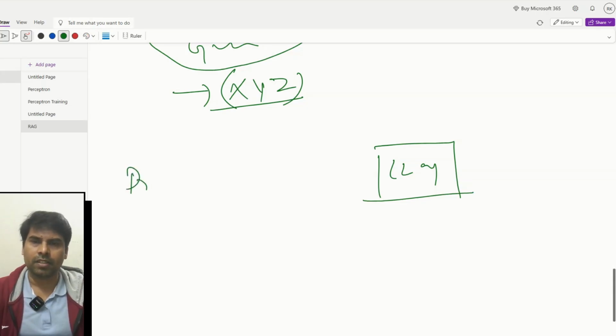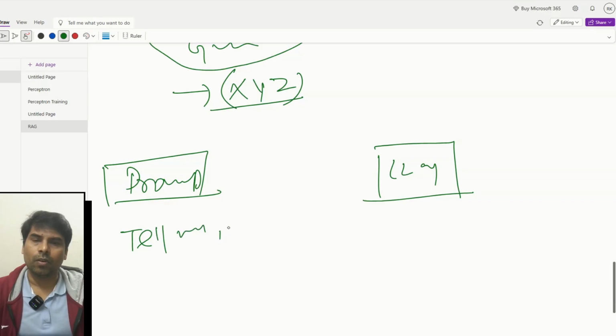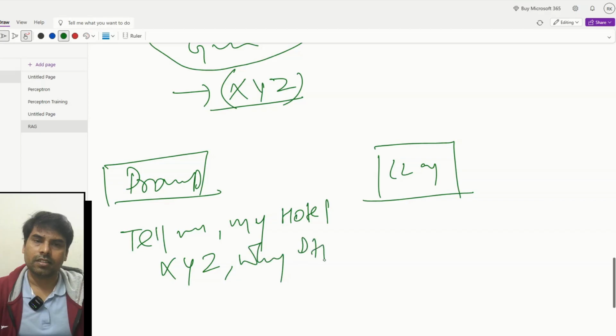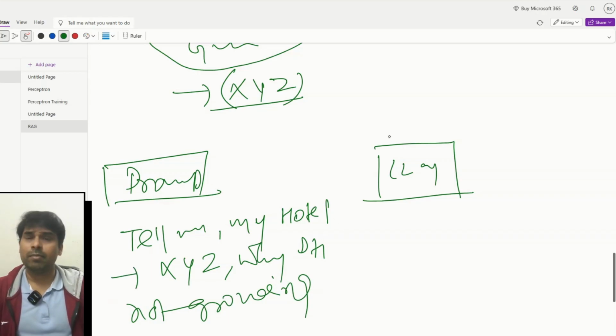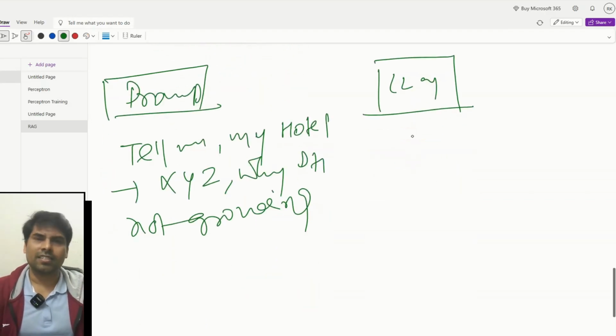So I'm writing a prompt: tell me, my hotel XYZ, why is it not growing? I'm just asking some random question. I have a lot of data, but I'm asking the LLM why my hotel XYZ is not growing. What is the problem with that?